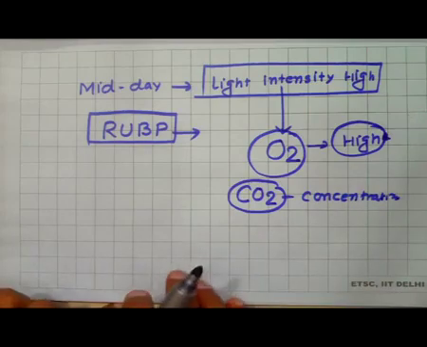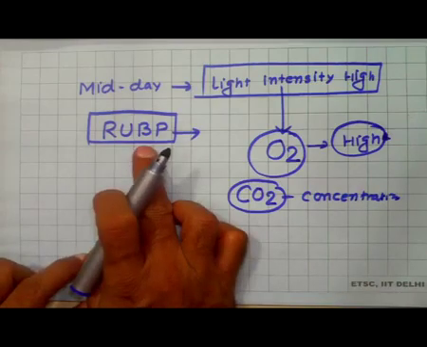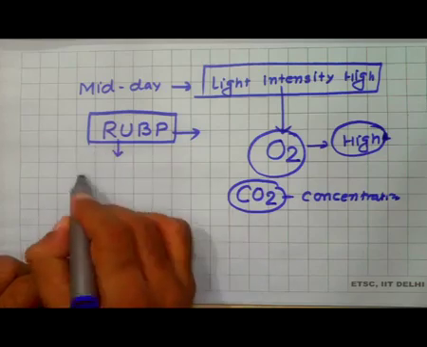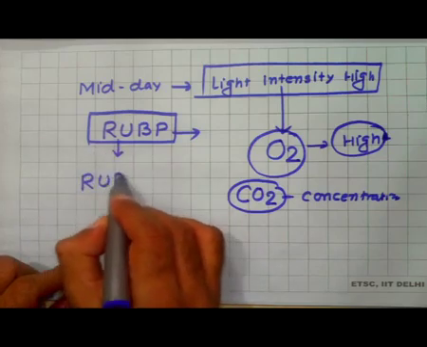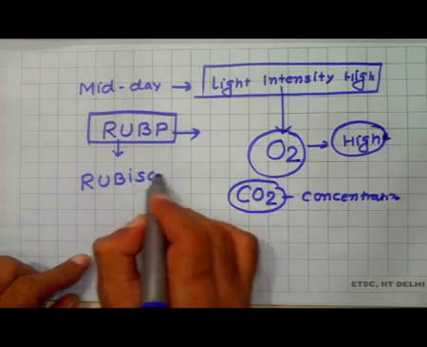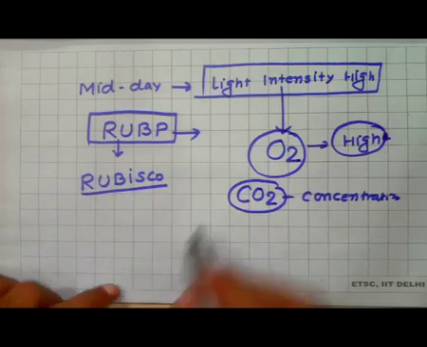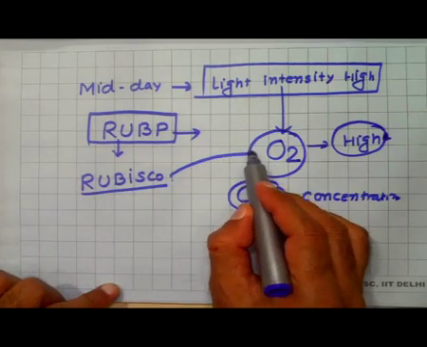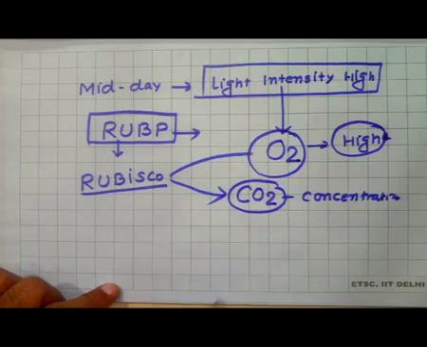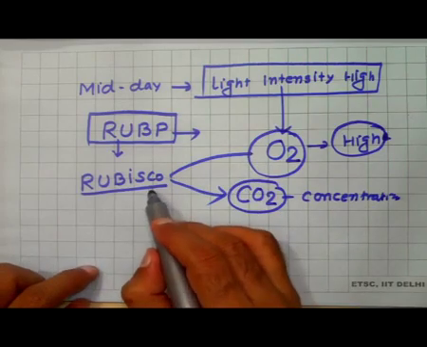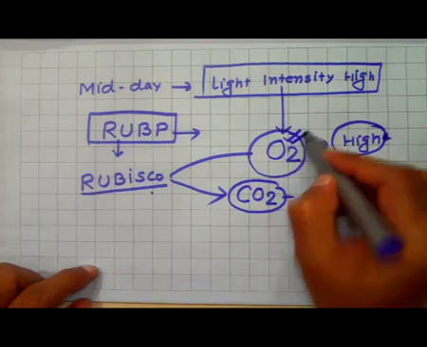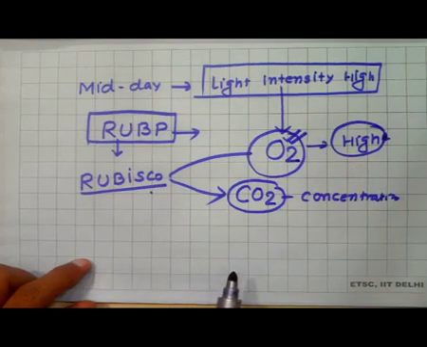So, what happened in these cases? The enzyme called Rubisco works with carbon dioxide, and Rubisco also combines with oxygen.